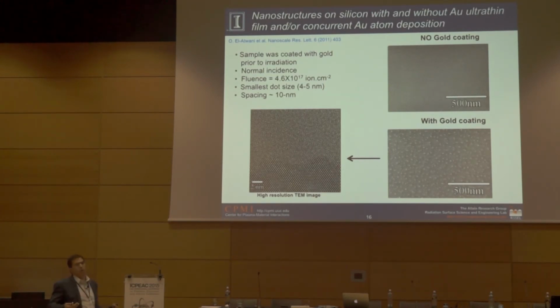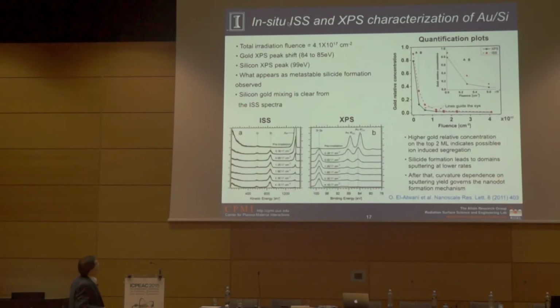But again, the question is why is it and how does this happen? What fundamentally happens at the surface that leads to this instability and eventually this patterning? And so we closely studied the concentration of both the gold-covered and non-gold covered samples. So this is the gold-covered sample with ion scattering spectroscopy, which, again, remind you, is sensitive to the first monolayer, and XPS.